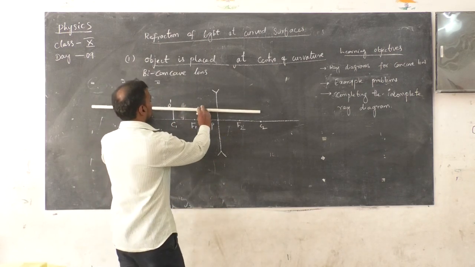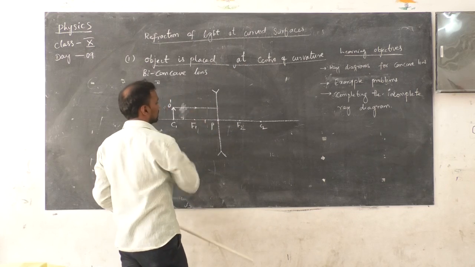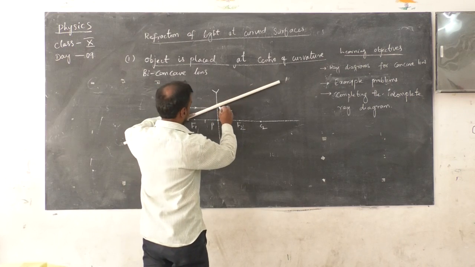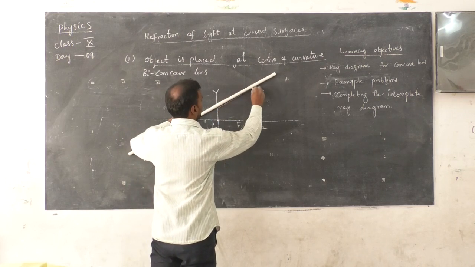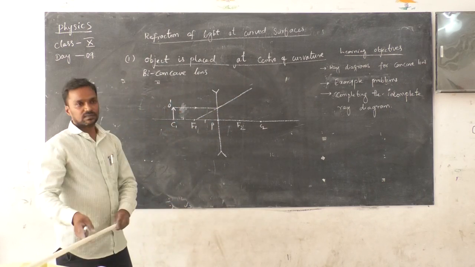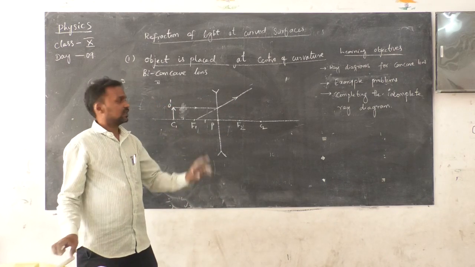If you draw a line parallel to the principal axis like this, after refraction it is refracted like this, as if it is coming from the focus. So this is going like this, traveling in that direction.